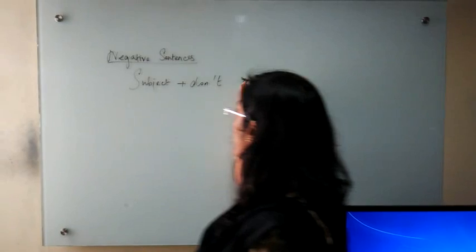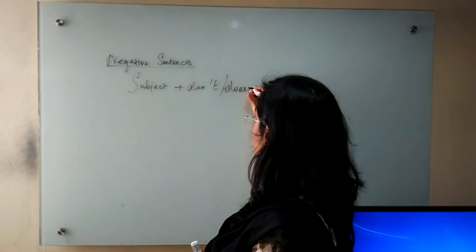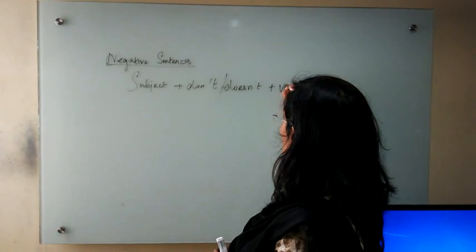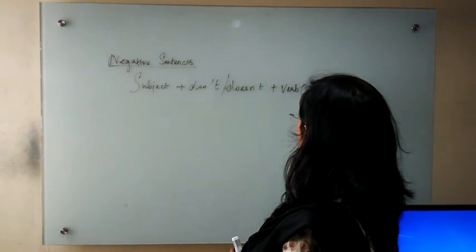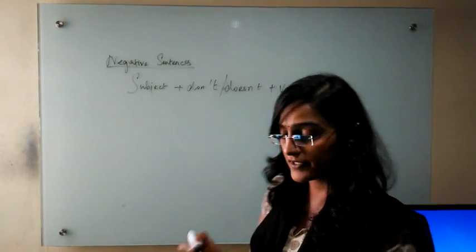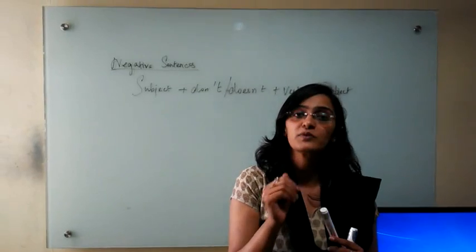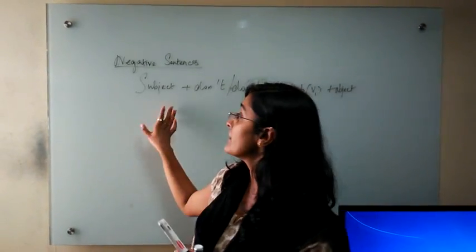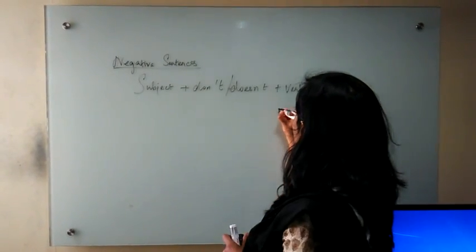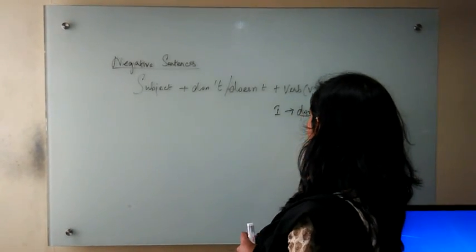This is the structure we use to form a negative sentence in simple present tense: then we have the verb, that's V1, and then we have not. The same rule applies as in a positive sentence in simple present tense. But here the rule is, with I, you should always say don't, that's do not.